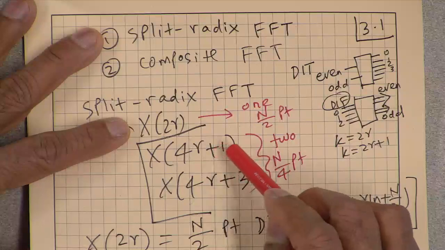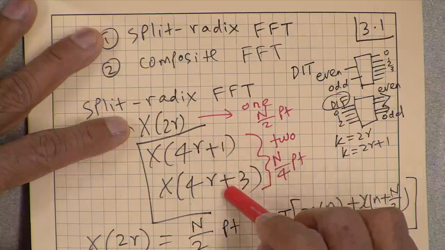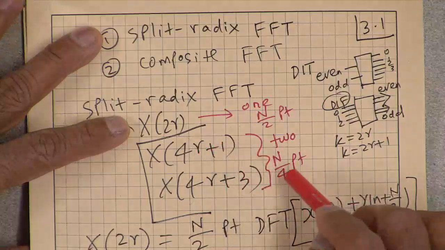So when we compute these two equations, the length of the DFT will be N by 4.